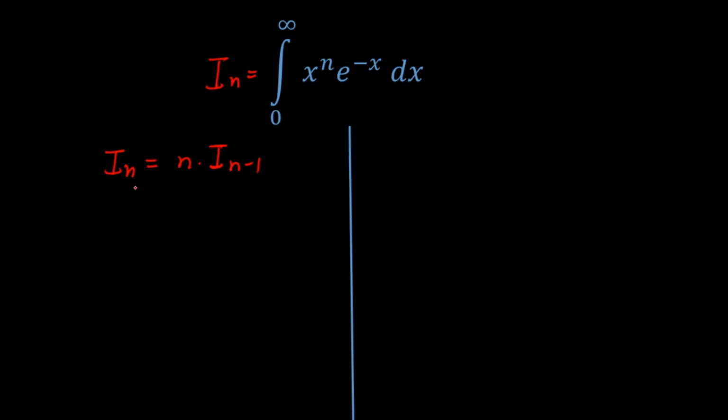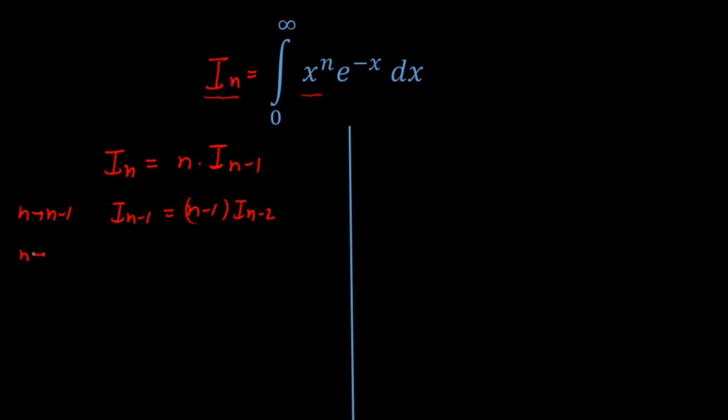Now previously I got the value of I of n in terms of I of n minus 1, that is I of n is equal to n times I of n minus 1, and our main objective was to calculate the value of this integration for any index n. So here if you replace n by n minus 1, you will get I of n minus 1 is equal to n minus 1 into I of n minus 2.